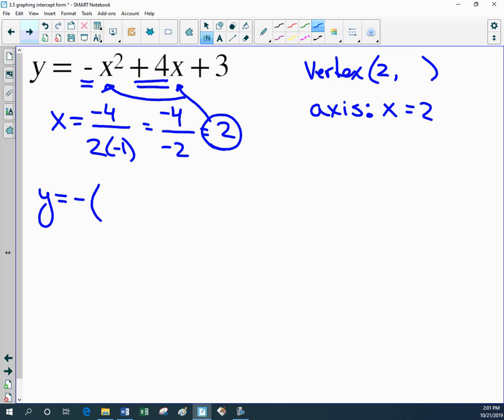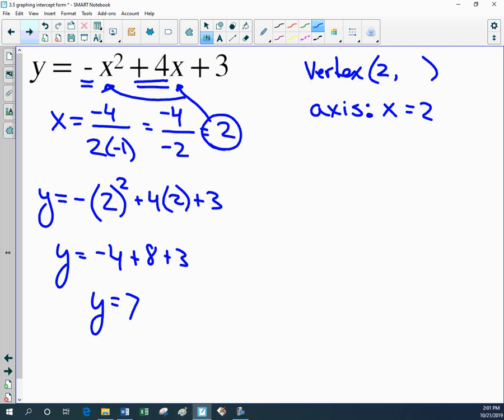When I plug it in for x, it would look like this. So it would be the opposite of a positive 2 squared plus 4 times 2 plus 3. So to evaluate this, 2 squared is 4, then times negative 1, so that'd be negative 4 plus 8 plus 3, so y equals 7.